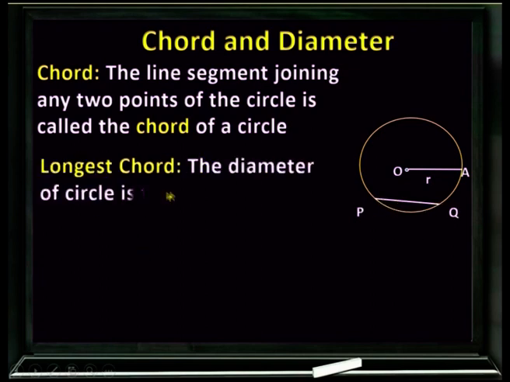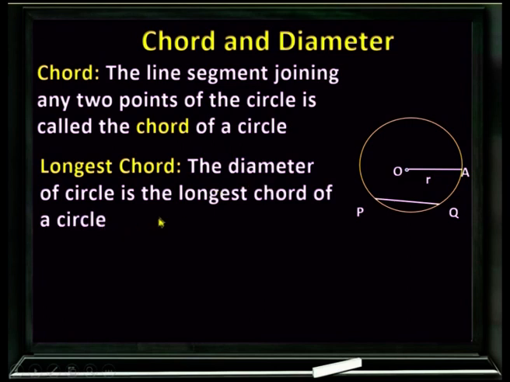So, what is the longest chord? The diameter of a circle is the longest chord of a circle. If I increase the size of the chord, it will pass through the center of the circle, which we can also call the diameter.